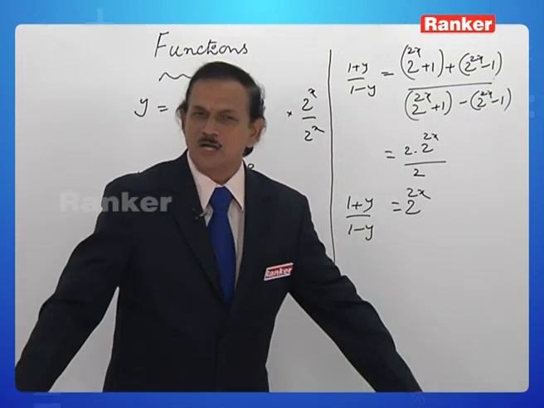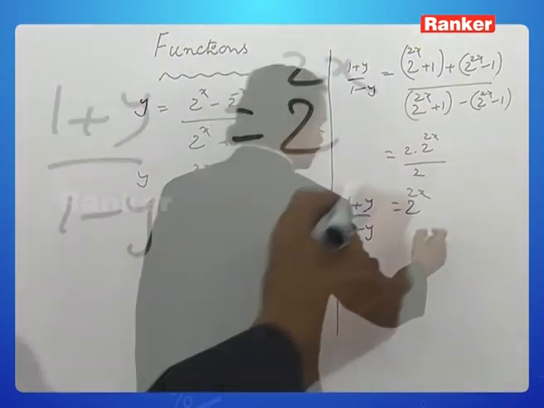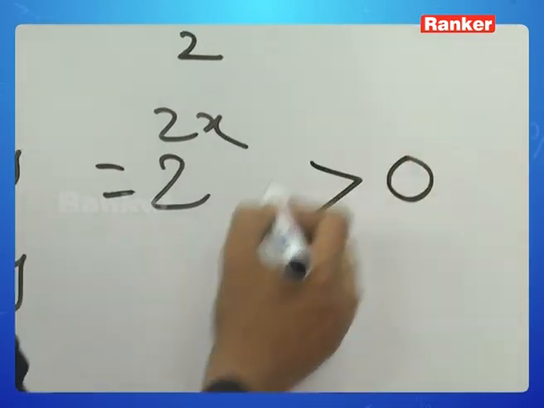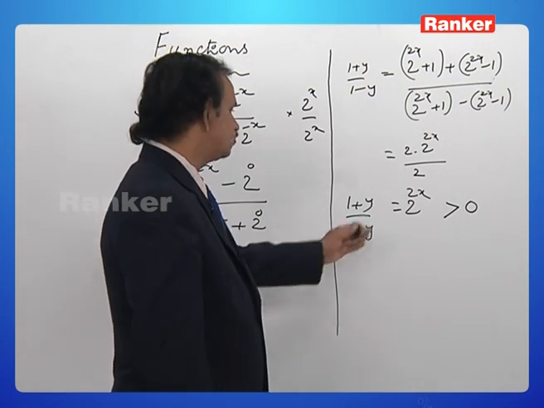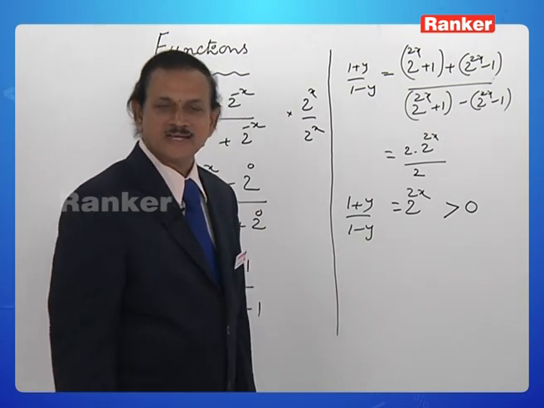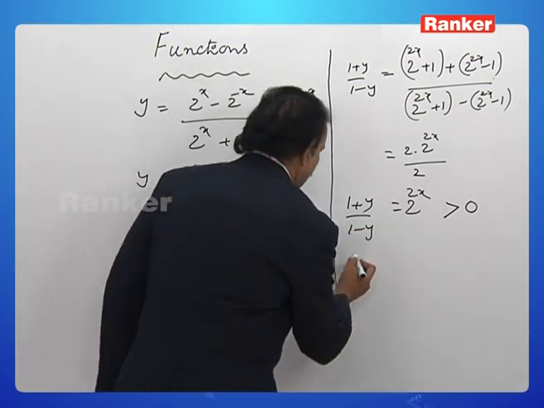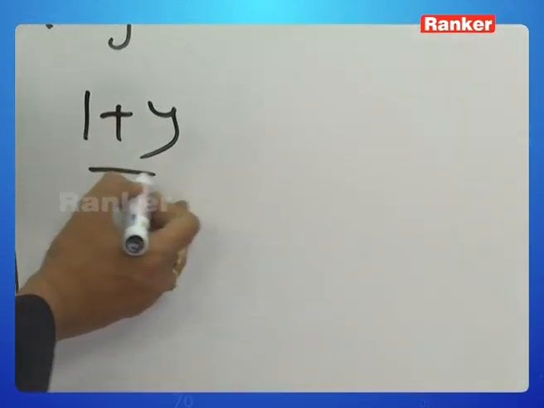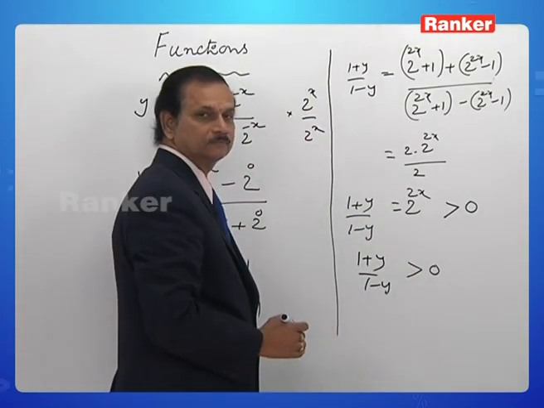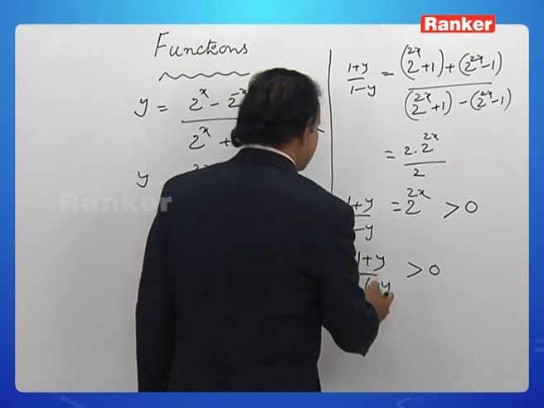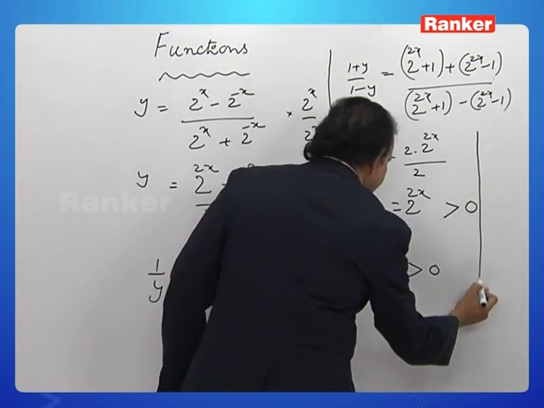And we all know about the nature of 2 power 2x. It is of course an exponential function, can never be negative, absolutely positive. Therefore, 1 plus y by 1 minus y is greater than 0. Let me multiply this with 1 plus y on both numerator and denominator.